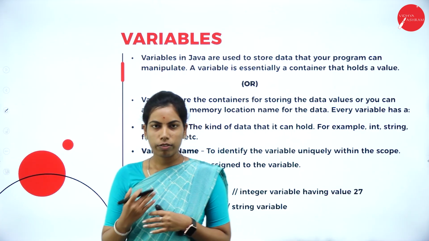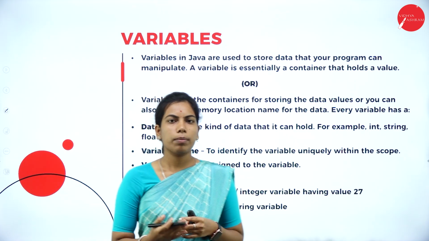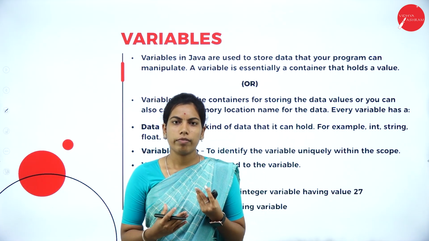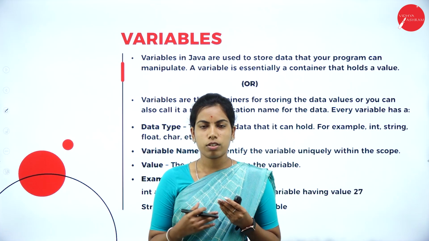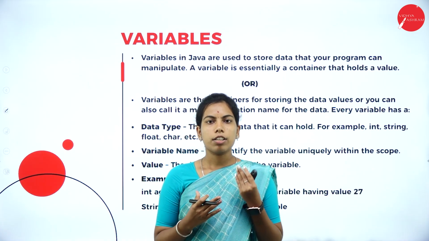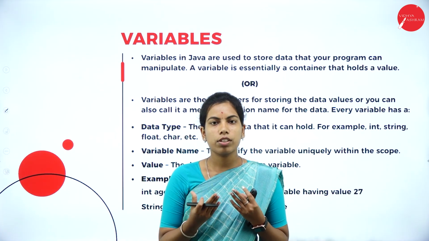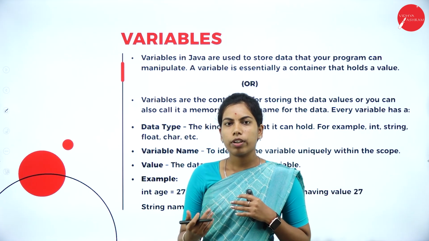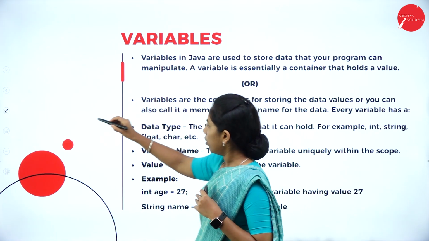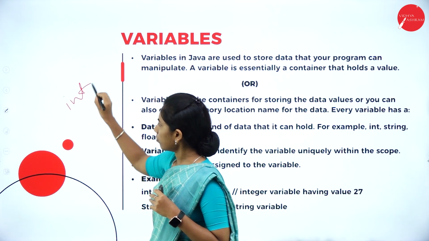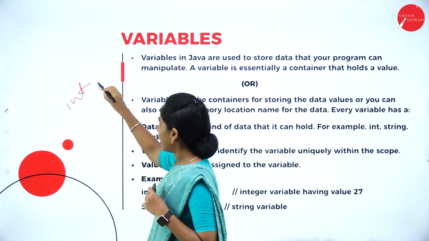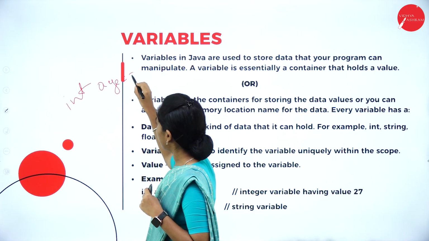The first topic is variables. Variables are nothing but they store a value in a memory location. It is like a storage space or a container which will store the data values. For example, I declare an int data type, age is equal to 30.